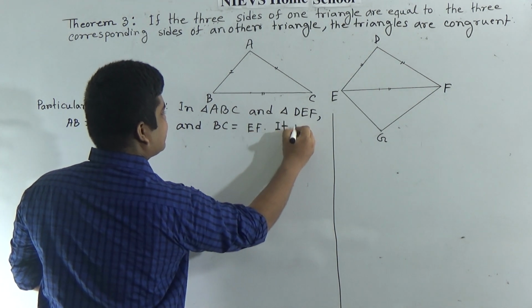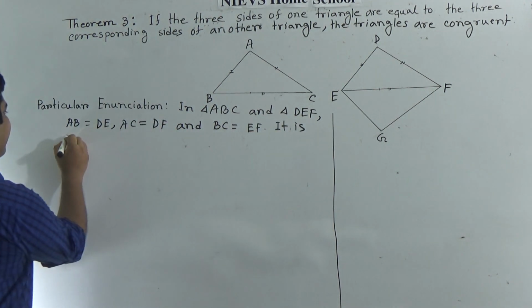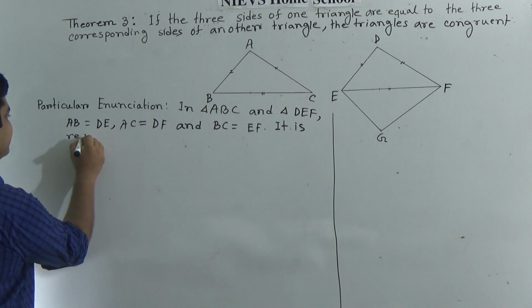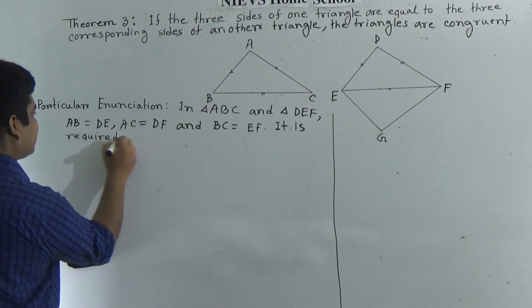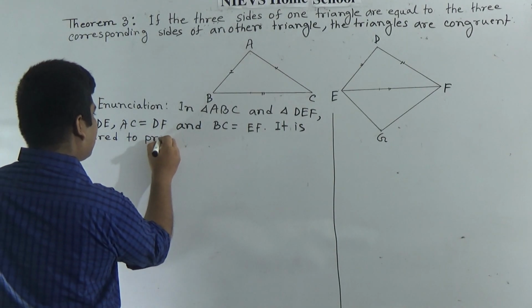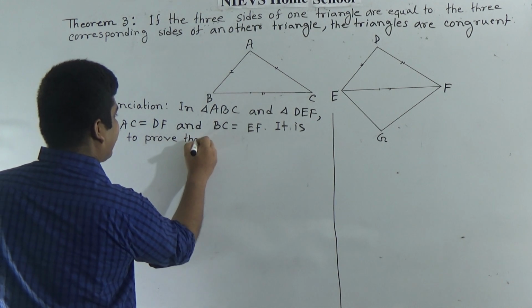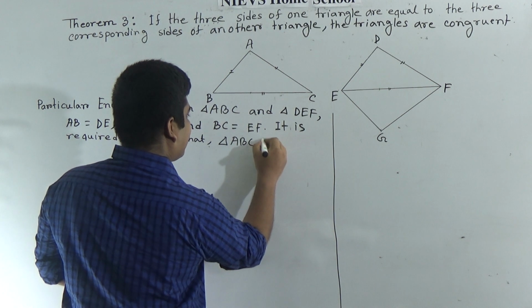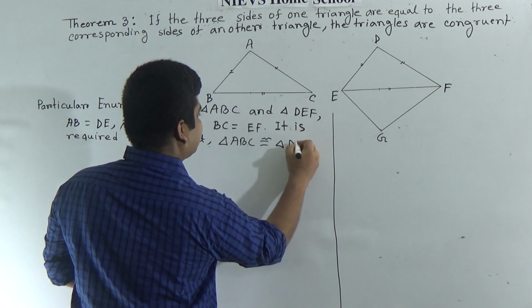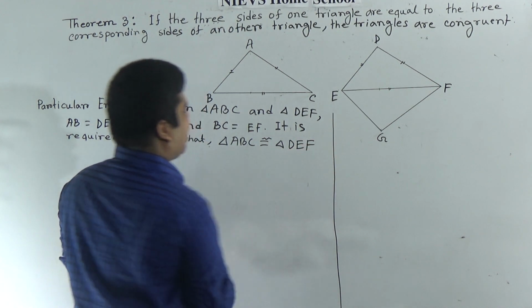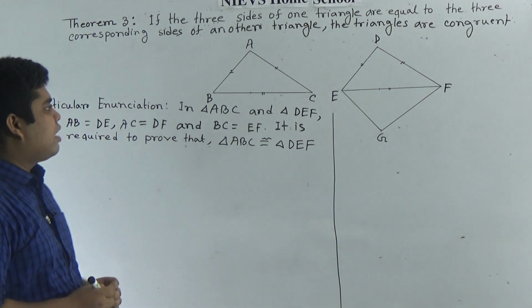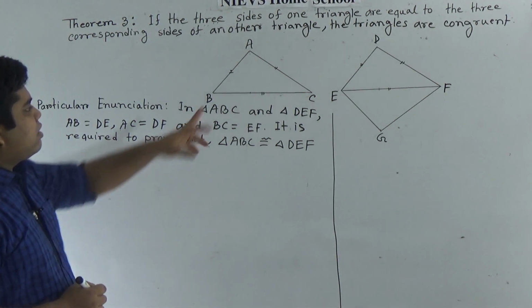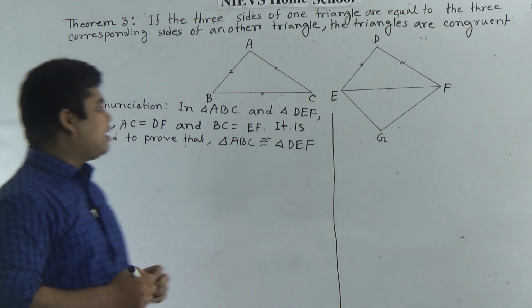So it is required to prove that triangle ABC is congruent to triangle DEF. I hope you have understood. Now we shall prove this theorem.